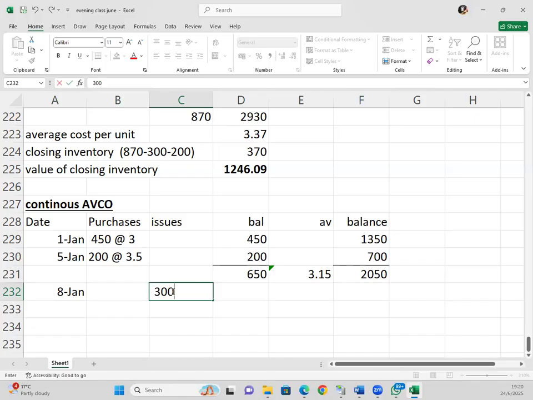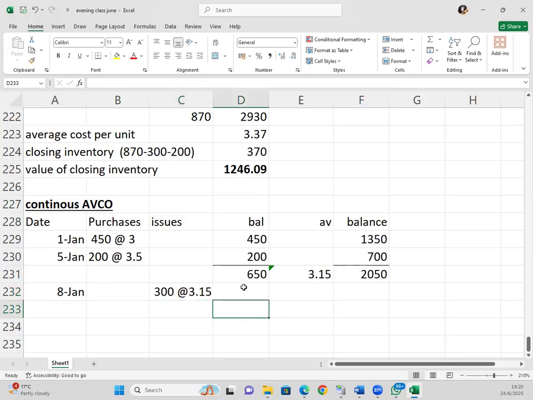For sales, you multiply the sales at the last average. So for sales, they are made at the last average. So for this column, sales, you're going to subtract 300. You don't add this time in sales.